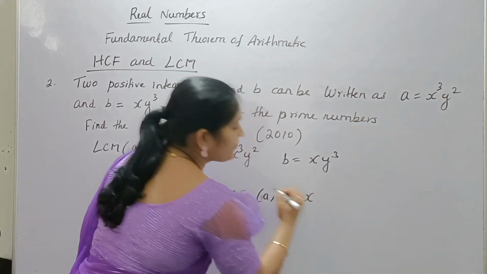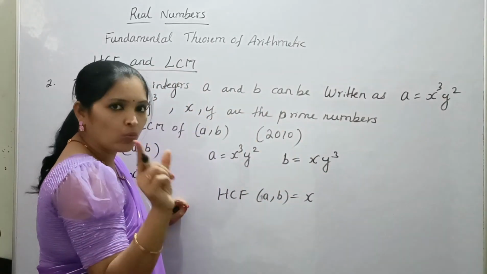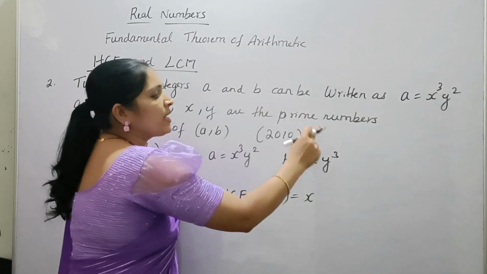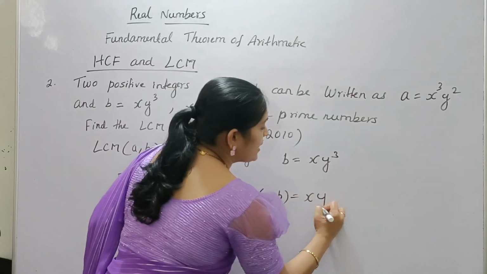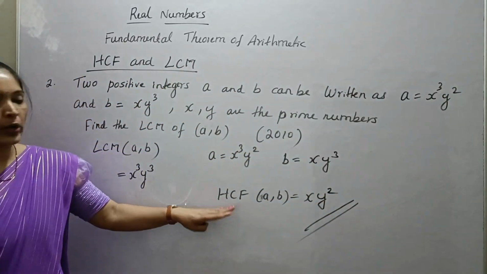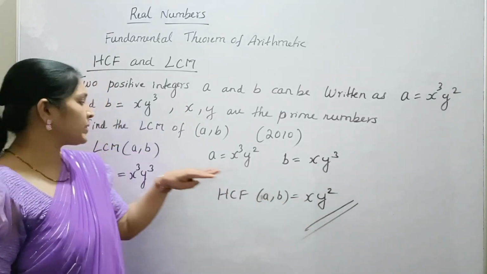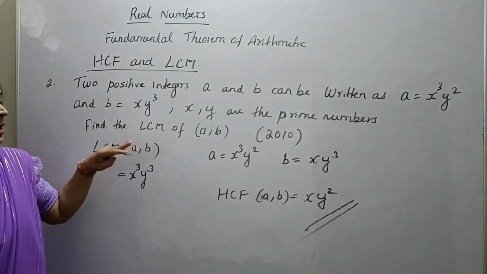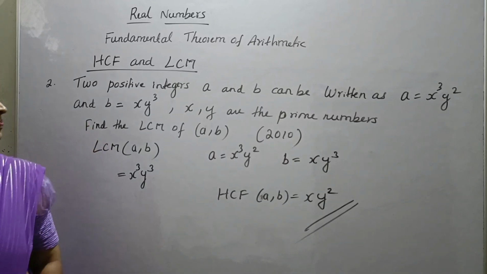For y, we have y square and y cube, so the smallest power is 2. So x y square is the HCF. HCF of a and b is x into y square, and LCM of a and b is x cube into y cube. It's a very important question.